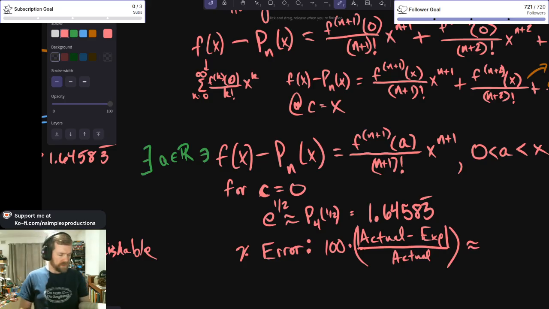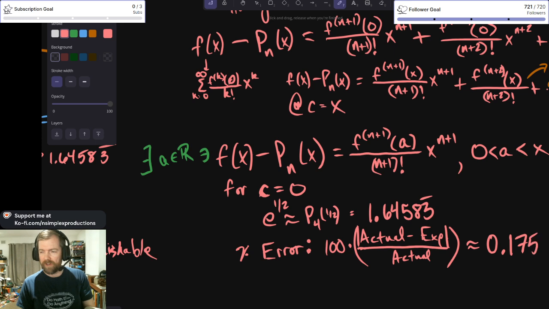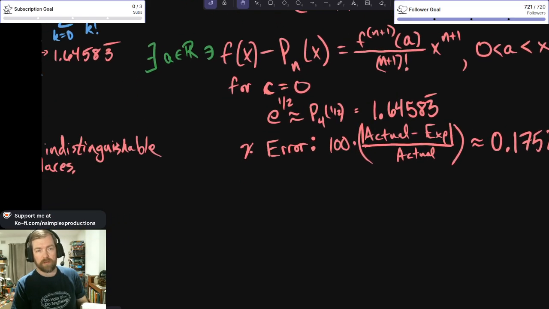That's gross. It's actually not that bad. It is approximately 0.175%. Okay, so if we wanted percent error, that's what we got.